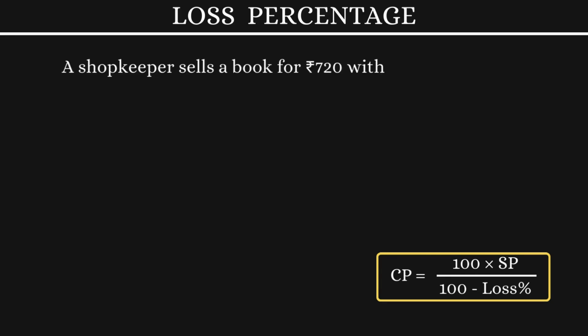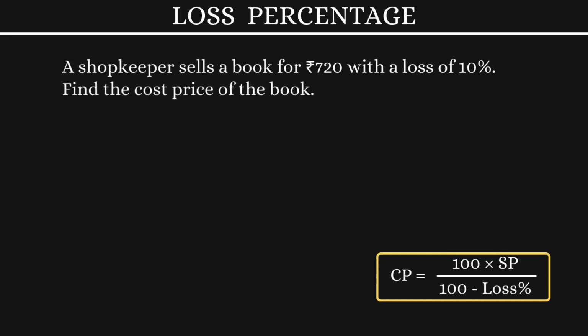Next question. A shopkeeper sells a book for rupees 720 with a loss of 10%. Find the cost price of the book. First, let's note down selling price is 720 rupees and the loss percentage is 10.